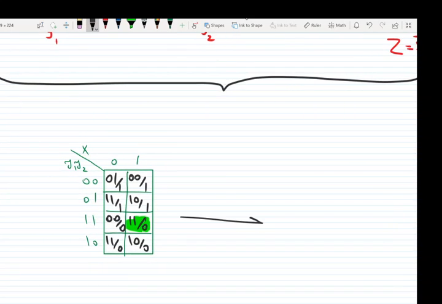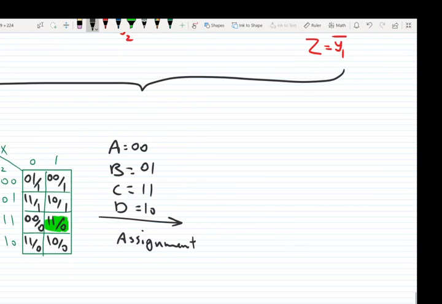And in the next step we do assignments. A is 0 0, B is 0 1, C is 1 1, and D is 1 0.